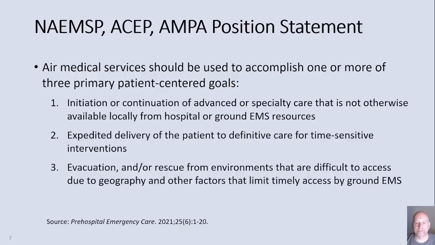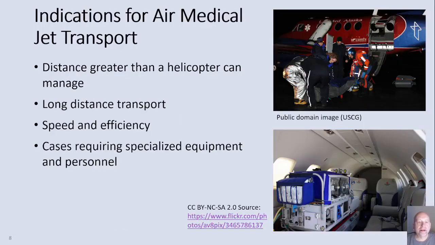So indications for air medical jet transport include distance greater than what a helicopter can manage, long distance transports, when speed and efficiency is needed to get a patient someplace, and for cases requiring specialized equipment and personnel.